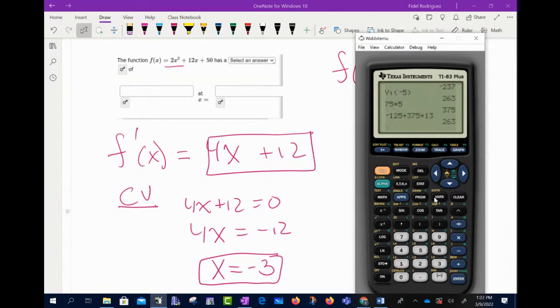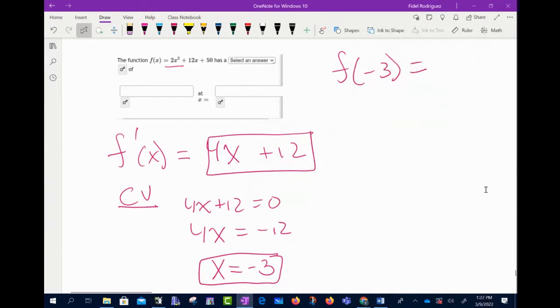Let's go to y bars, do our functions, and evaluate this at negative 3. And 32, right? So we're coming up with 32. 32 at x equal to what value?